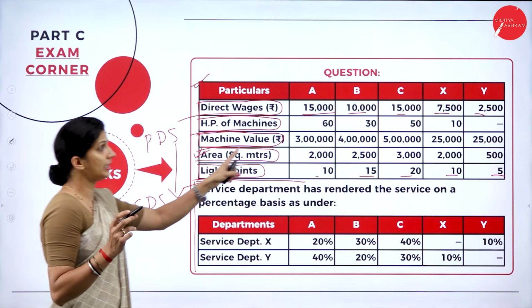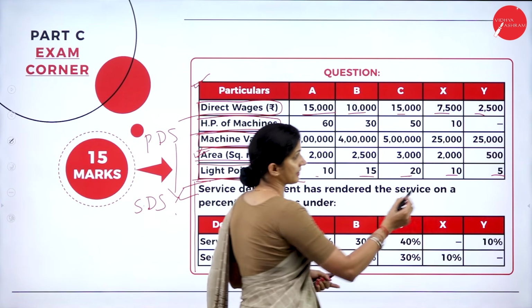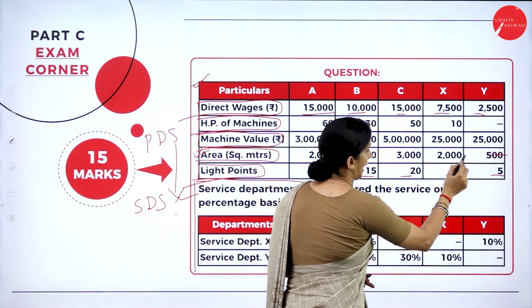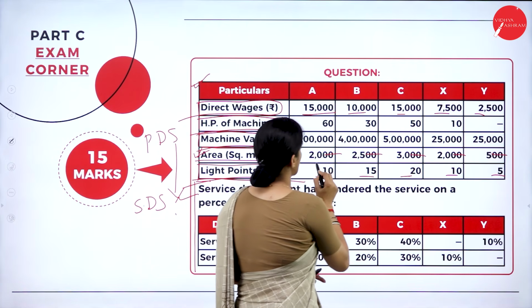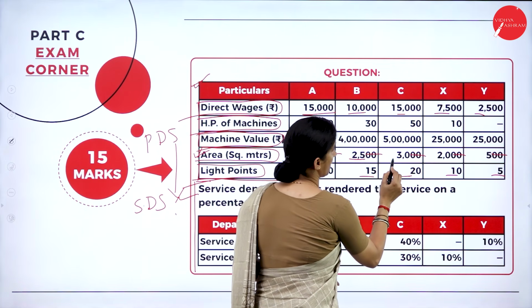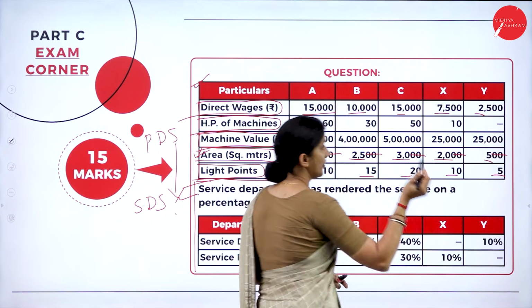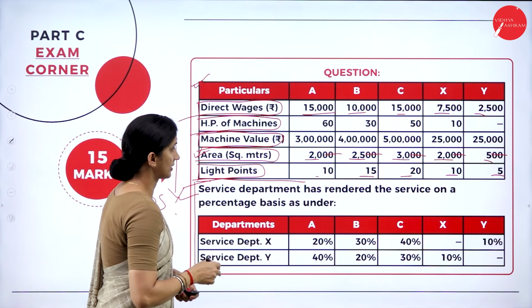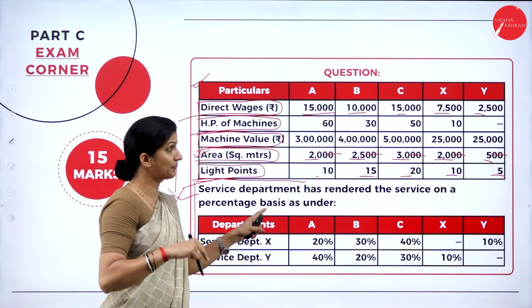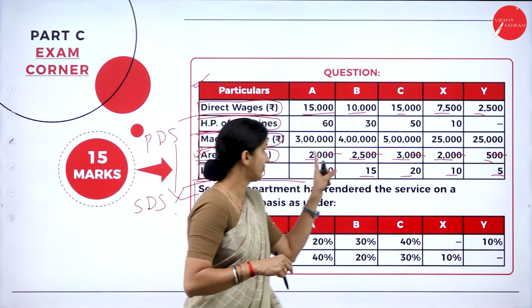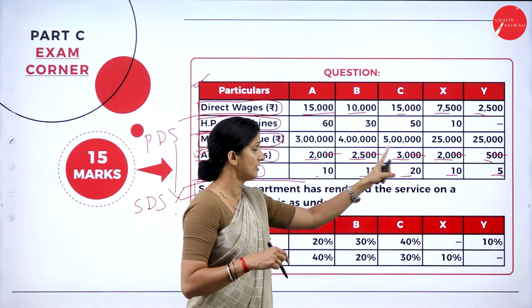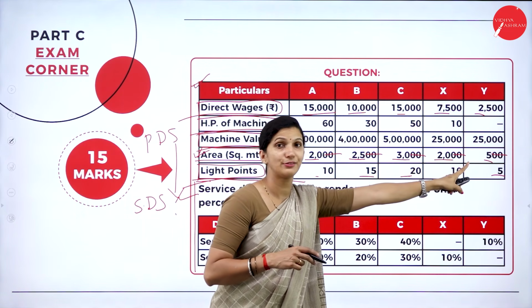What is the area ratio? Here we can take the simplified ratio. If we cancel the zeros, we have 20, 25, 30, 20 and 5. You can again go for the simplification: 5 4s are 20, 5 5s are 25, 5 6s are 30, 5 4s are 20 and 5 1s are 5.